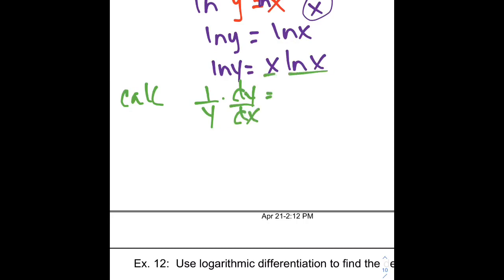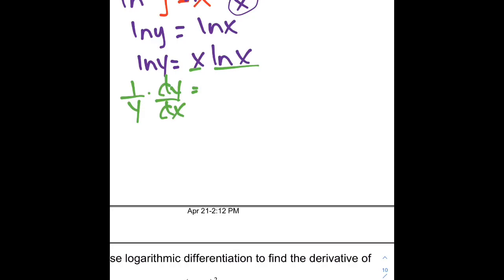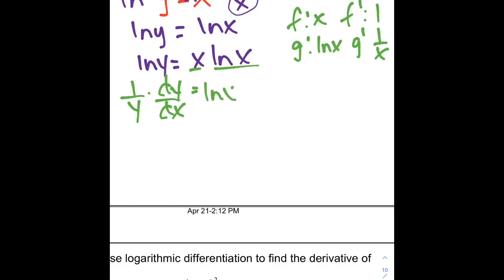And then, friends, I'm going to have to use product rule. So my f is x, my f prime is 1. G is the natural log of x, and this is why I picked the natural log, not log base 4, not log base 10, because the derivative of the natural log of x is 1 over x, and I don't have that extra natural log factor in my work. So when I do f prime g, I get the natural log of x.